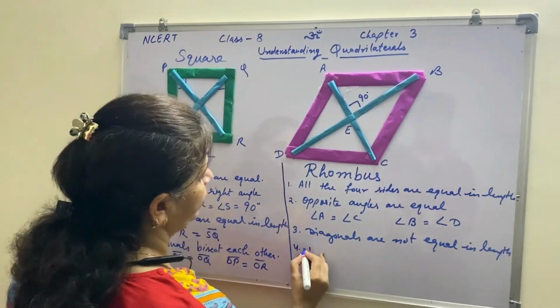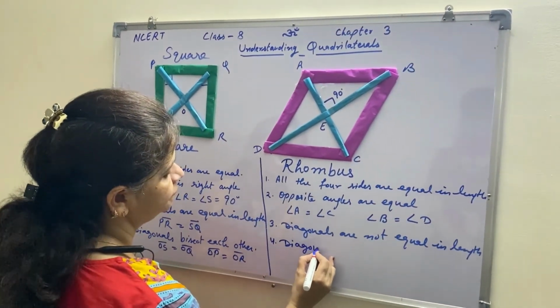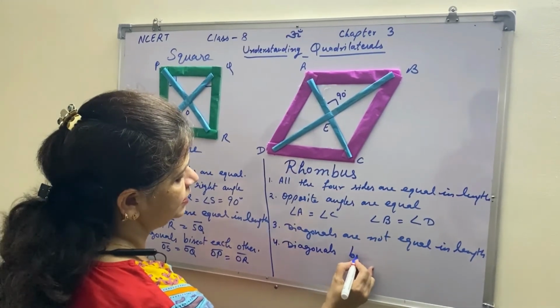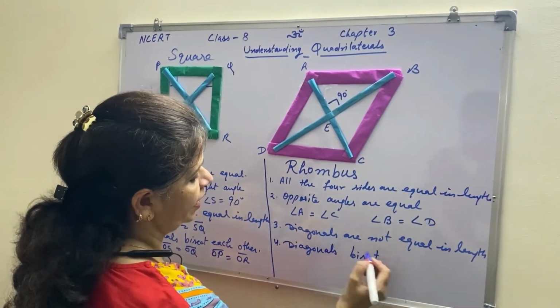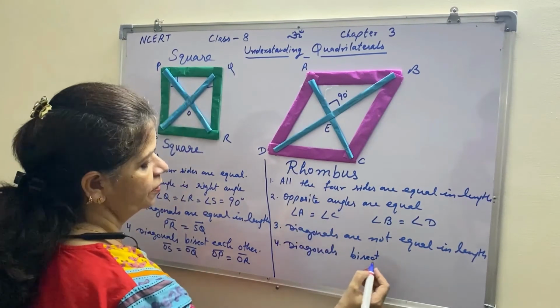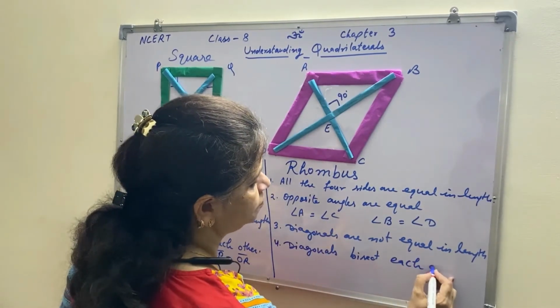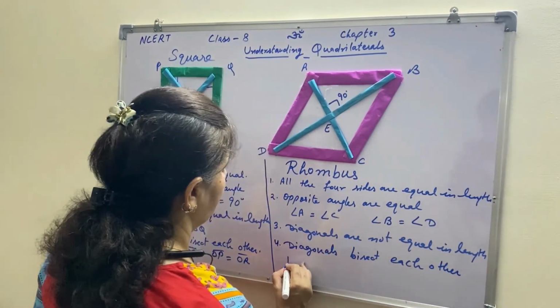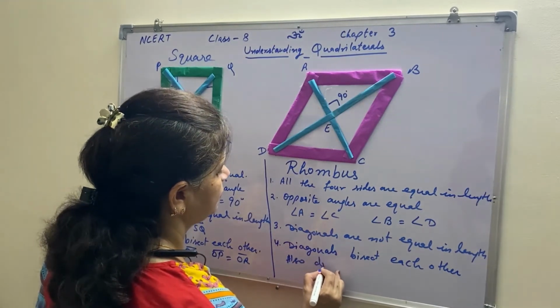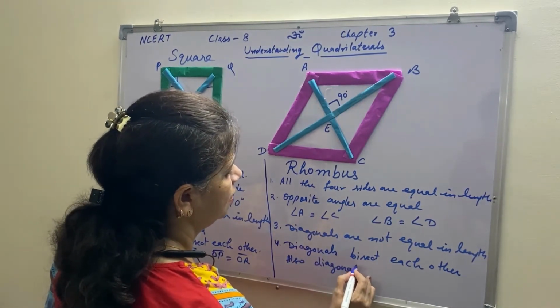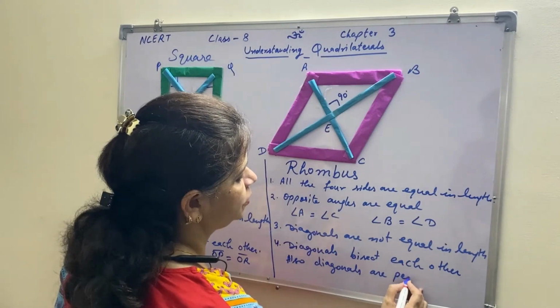So we have the property that diagonals bisect each other, that is true as in a square also, and diagonals are perpendicular to each other.